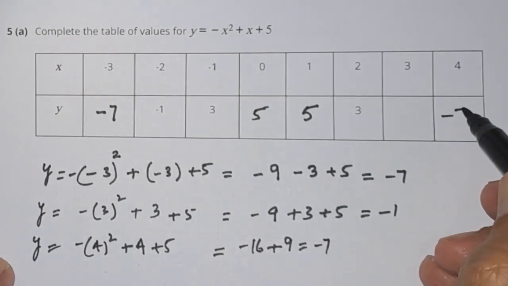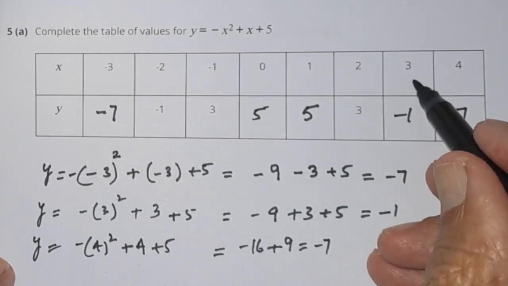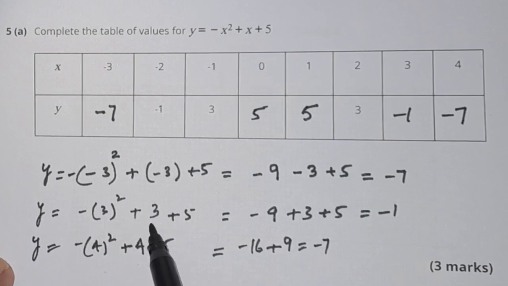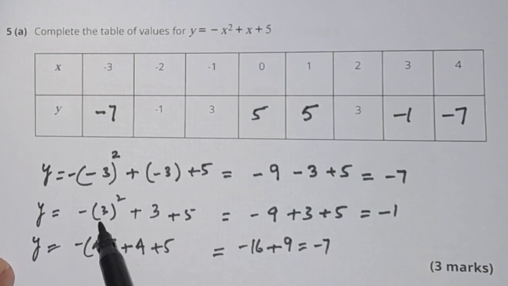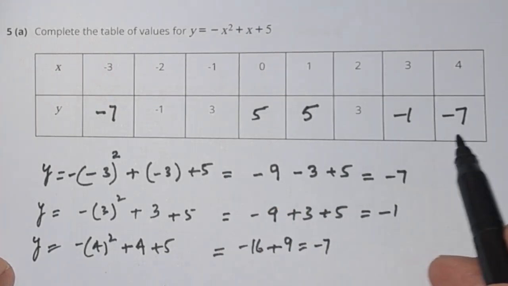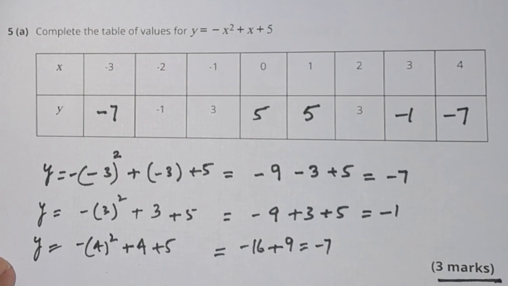So I write down minus 7 here and I write down minus 1 here. I'll check for 3. Minus 3 squared plus 3 plus 5, minus 9 plus 3 plus 5 is minus 1, and our table of values is completed and we get 3 marks.